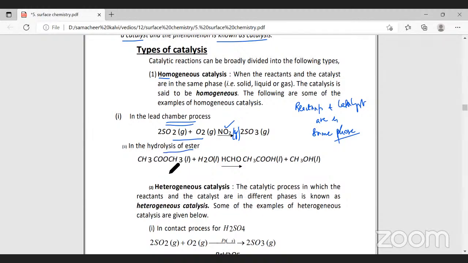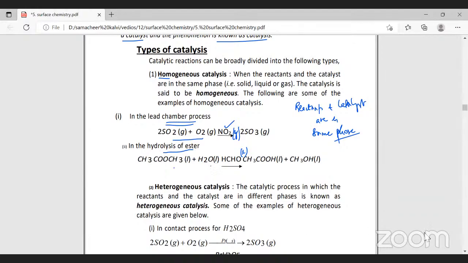Hydrolysis of an ester: ester is a liquid, water is a liquid, and the acid catalyst is also a liquid. So hydrolysis of an ester in the presence of acid is also an example of homogeneous catalysis. Homogeneous catalysis is a catalytic reaction in which the reactants and the catalyst are in the same phase.